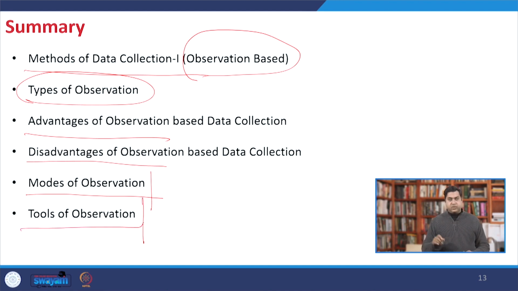Then different tools like drawing, annotated diagram, photography, videography, or just simple counting in some cases, especially vehicle counts and other things. You can take help of observation data collection for your research.